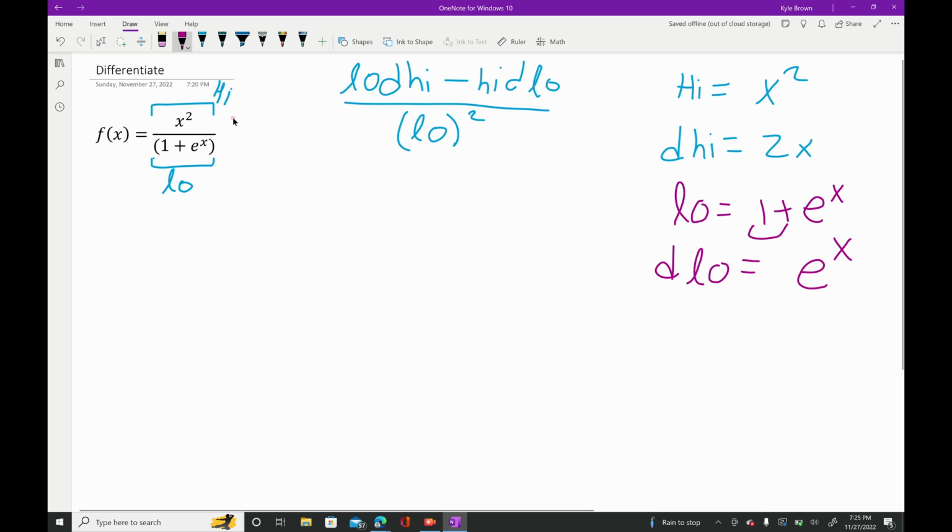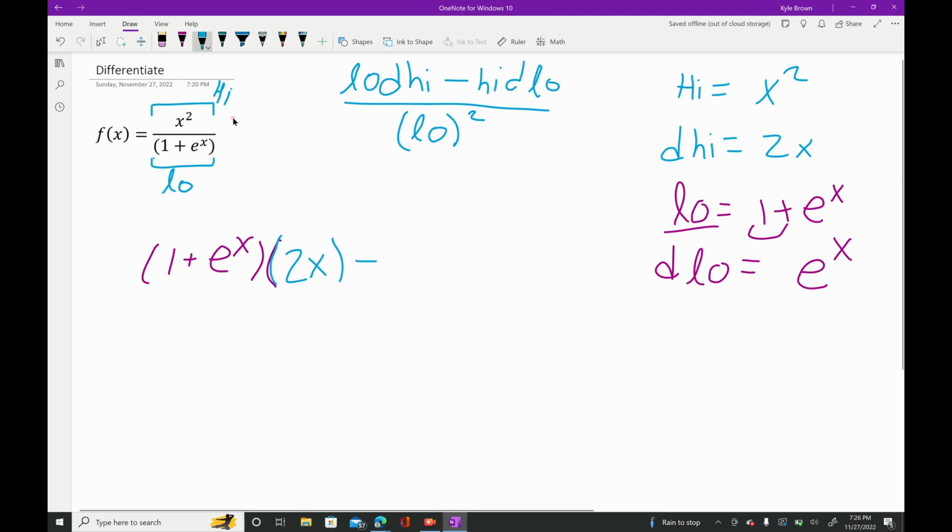So now we're going to rewrite everything. We're going to get our low, and we're going to put that here. And we're going to have the 1 plus e to the x, which is really us just copying and pasting. And we're going to multiply that by our d high, which is 2x.